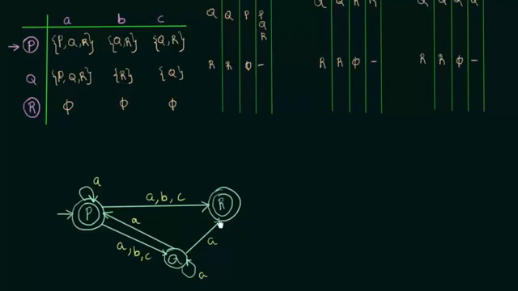It goes only to R. So on input B it goes to R, and on input C it goes to Q itself. That means on input C it goes to Q itself. I can write C over here. And R on input A, B and C, it doesn't go anywhere, it is just by itself.